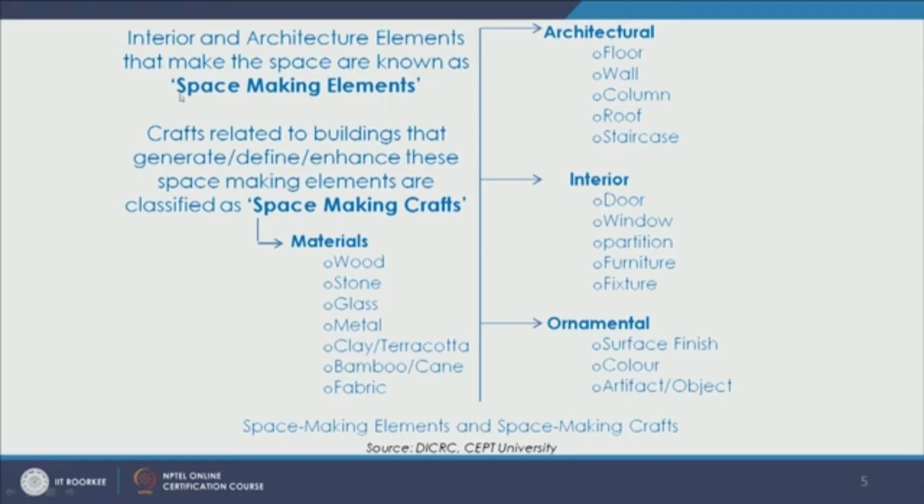Now crafts, which are related to buildings that generate, define, enhance these space making elements, are classified as space making crafts, and we discussed how they are also defined through varied materials like these: wood, stone, glass, metal, clay or terracotta, bamboo or cane, fabric, and there are even more. The list could be really extensive.